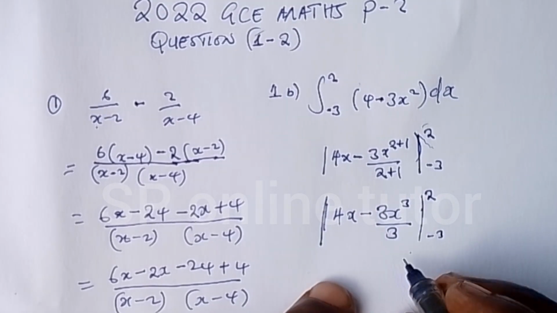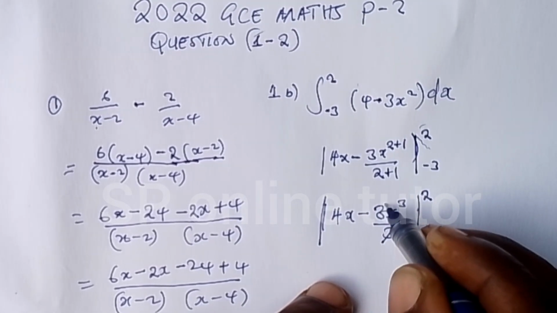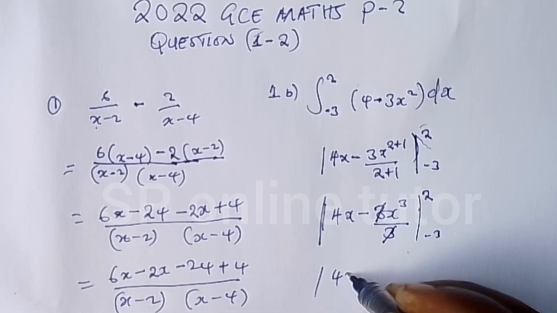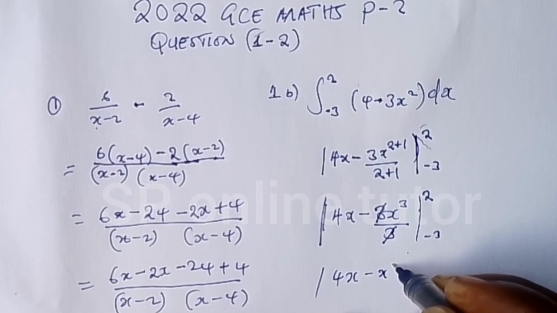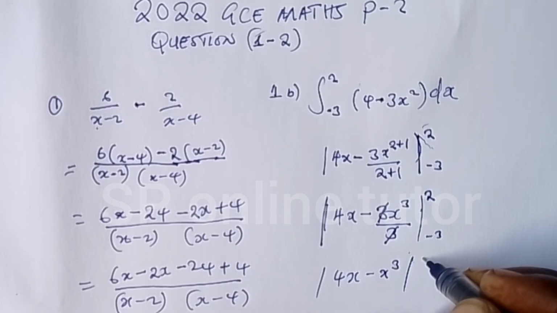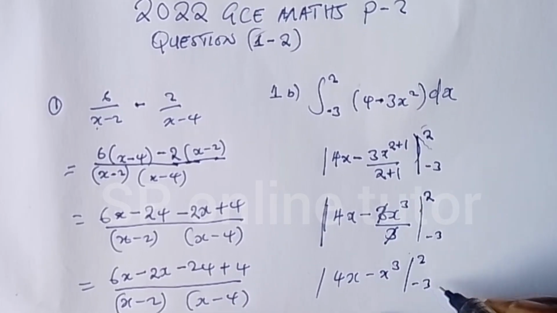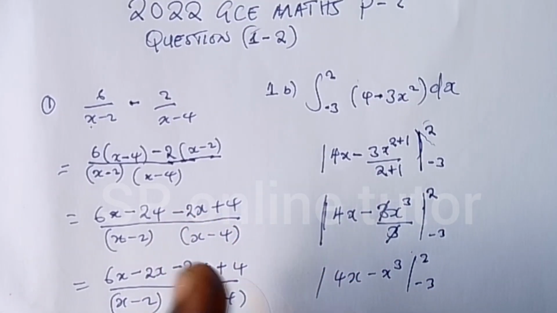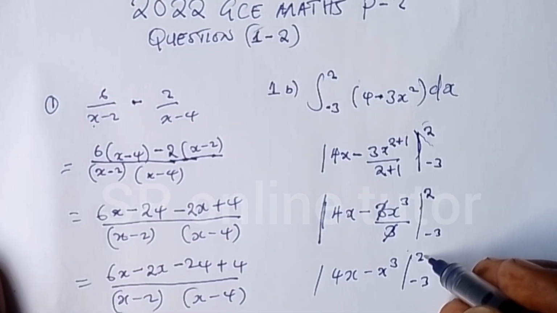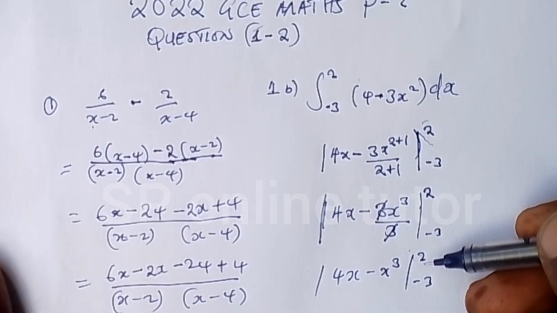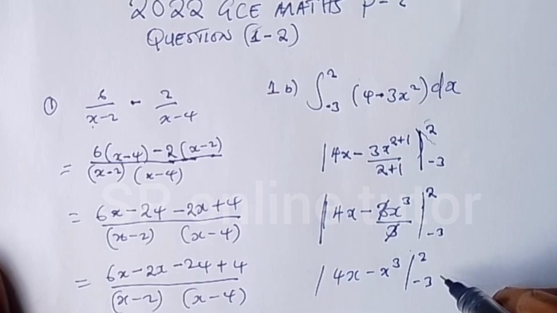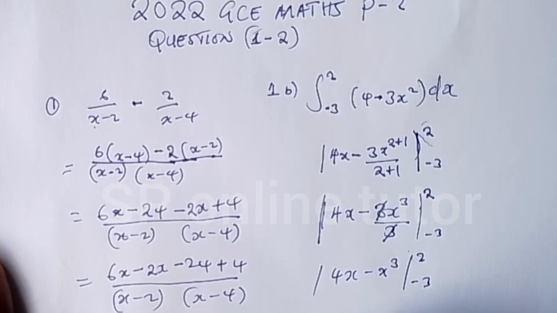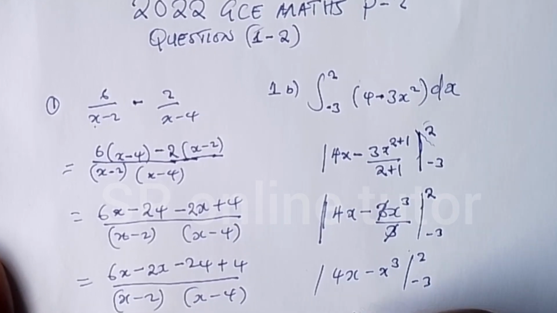Then here, if you can see, this 3 can go into this 3, in which we are going to remain with 4x minus x cubed, okay? Then 2 and minus 3. Here we have simplified it, and let's try to substitute now with the upper limit. First of all, you have to substitute with the upper limit, then second you subtract with the lower limit, okay?